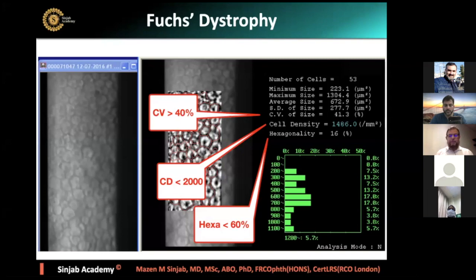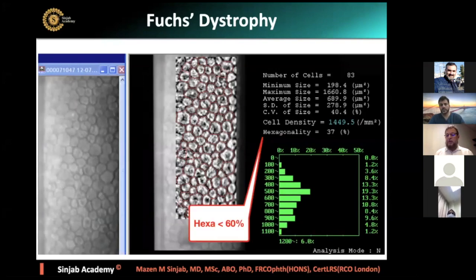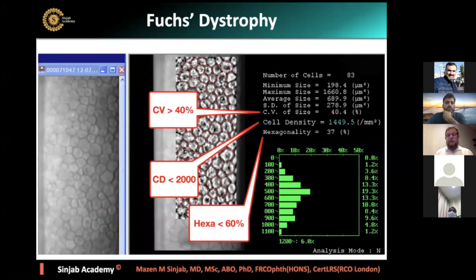This is the left eye. The hexagonality is less than 60%, the cell density is low, and the CV index is high.